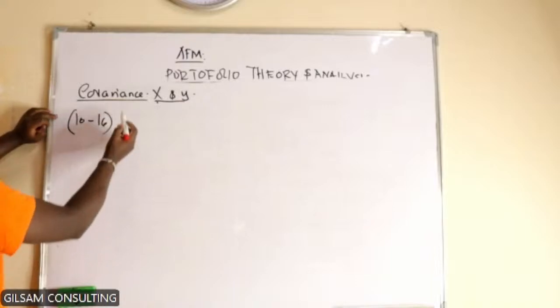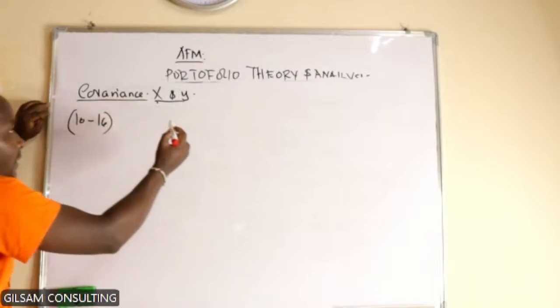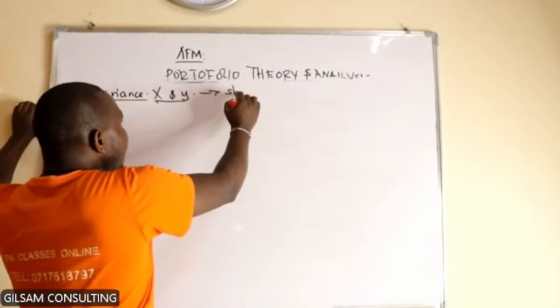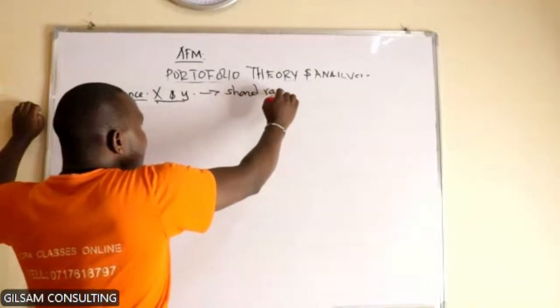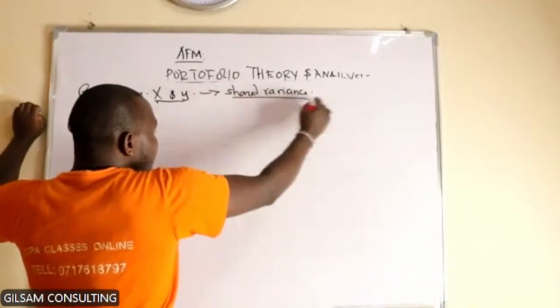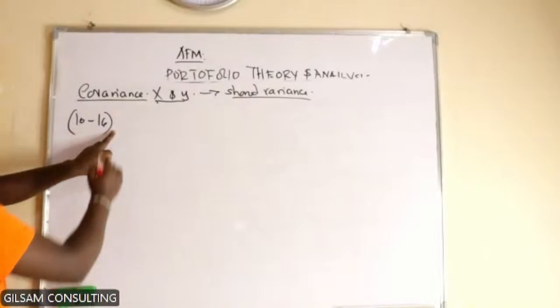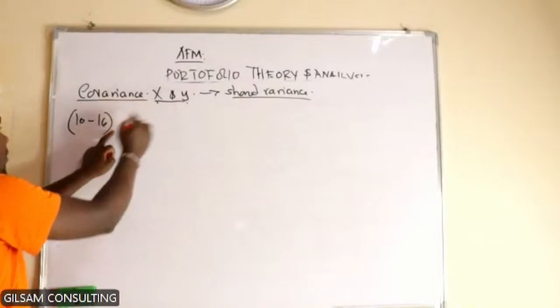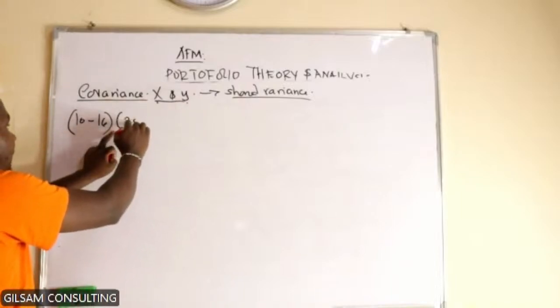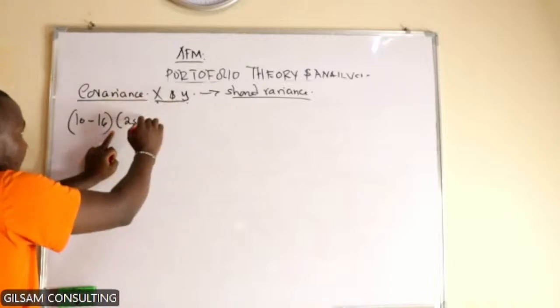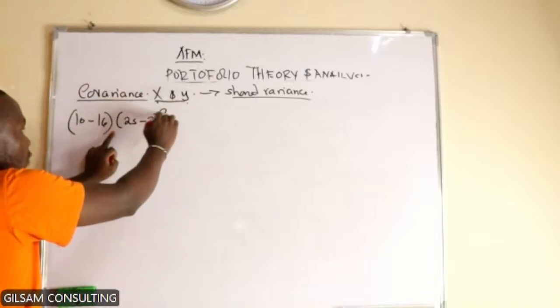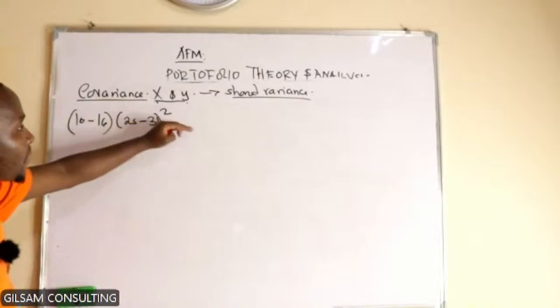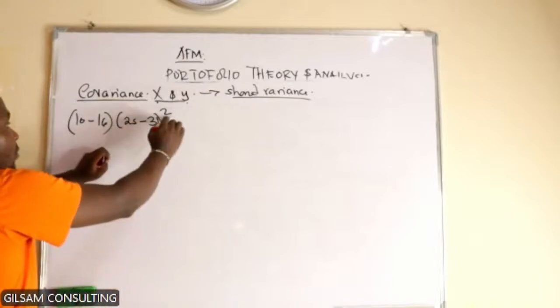And since it is a shared variance, you combine the first state of Y, which is 25, minus the expected return, and you square. And then you multiply by the first probability, which is 0.3.